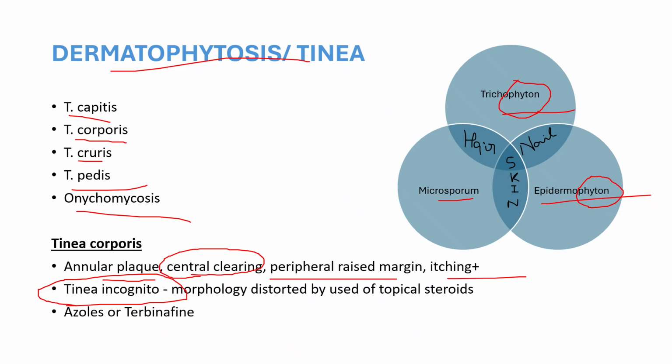So what happens when you use steroid over the fungal infection is that there is a flare, and there is going to be distortion of this morphology. You can no longer see that central clearing with peripheral raised margin. You will see a distorted morphology because of use of topical steroids. For that, you can use azoles or terbinafine. So that is tinea incognito. Incognito means it has completely changed its appearance. That is tinea incognito.